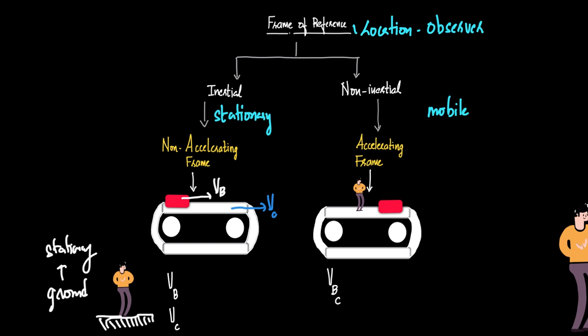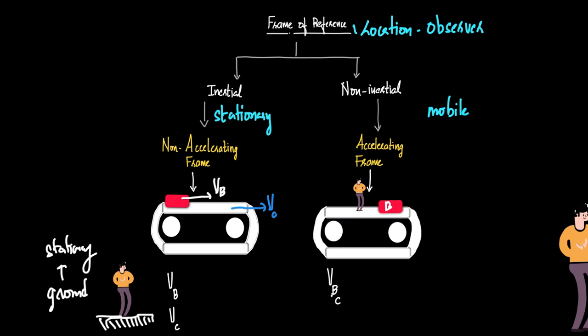So here the velocity that we measure is the velocity of this bag with respect to the conveyor. Here the person is observing two different velocities, one that of the bag VB and the other that of the conveyor belt VC, whereas here the person is observing the bag, but where is he standing? He is standing on the conveyor. Therefore this velocity becomes the velocity of the bag with respect to the conveyor.